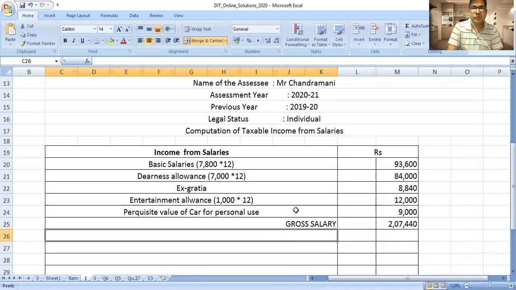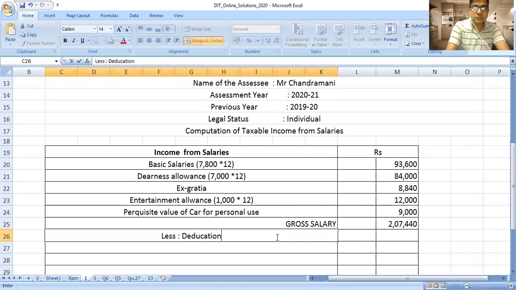Now, from this gross salary, we have to give the deductions under section 16.